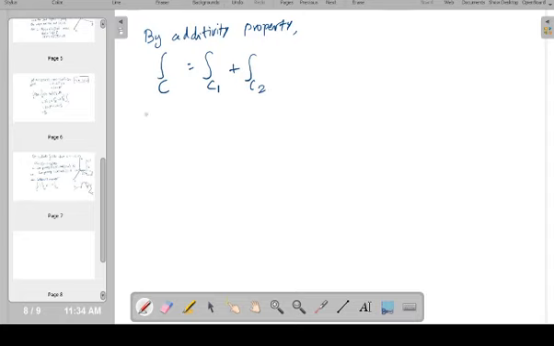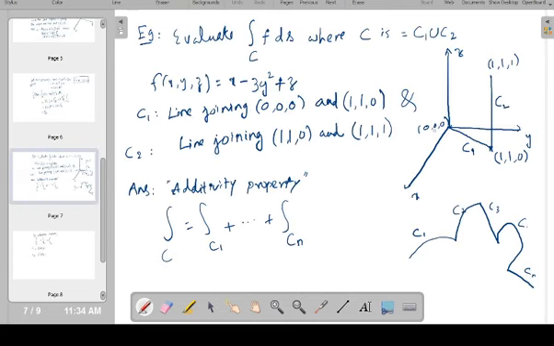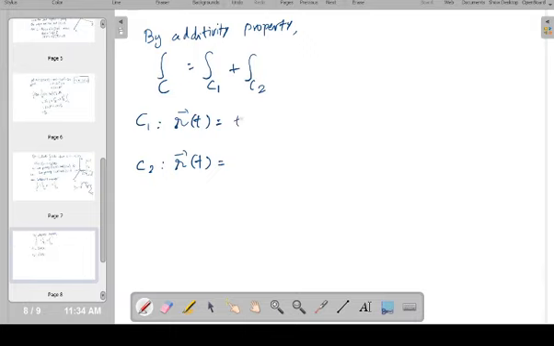So what is C1? I have to parameterize R of t equal to. And what is C2? I have to parameterize R of t equal to. So for C1, what is the parameterization? You can write Ti plus Tj plus 0k, where t varies from 0 to 1.